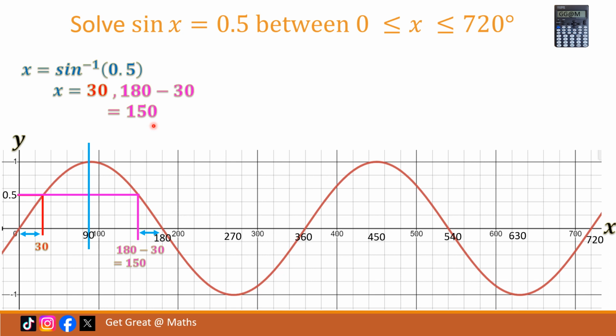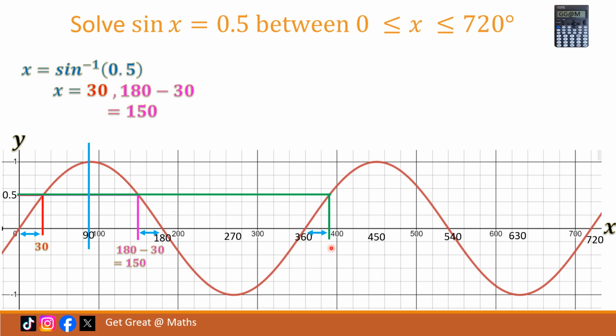Now, to find the third angle, we need to go back to the equation of the 0.5 and we need to extend the line further. Now, when I extend the line further, I now hit the curve at this point over here. When I draw a line down, this gives me the third solution here. Now, to work this out, we're going to be using the symmetry of the curve again.